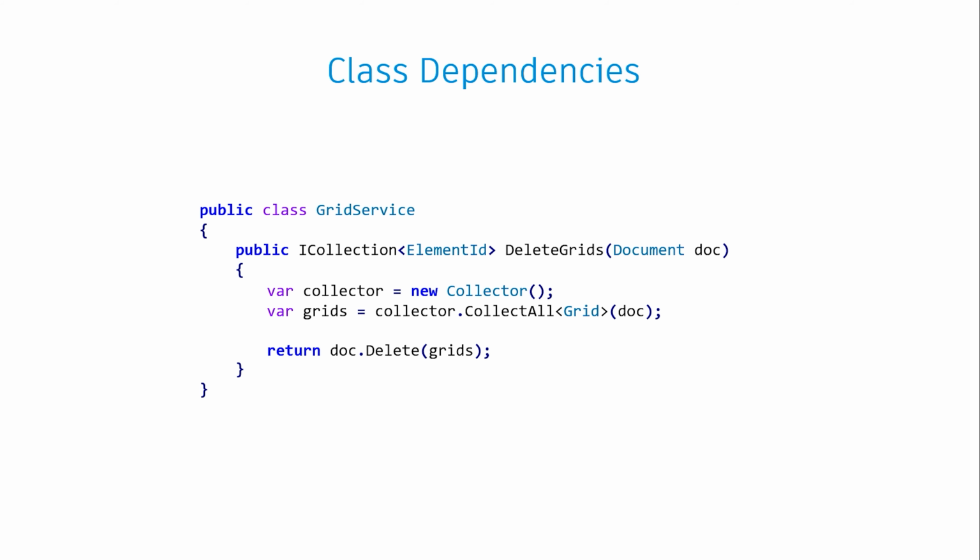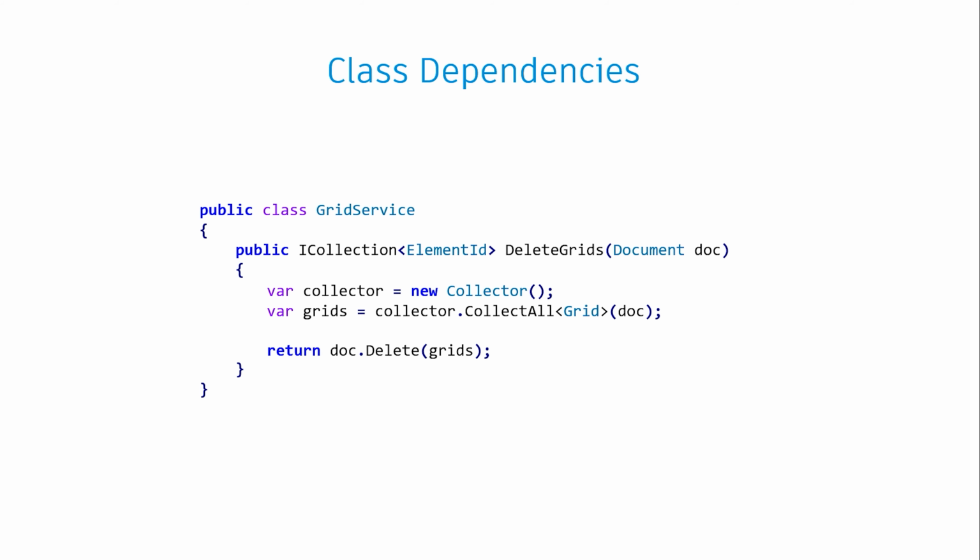Notice that we need to instantiate the grid collector inside of DeleteGrids. But what if we need to change the collector class and swap it to another one? Or change the behavior of the collector class to take one or two arguments in the constructor? No biggie, right? Just add that argument to the constructor.